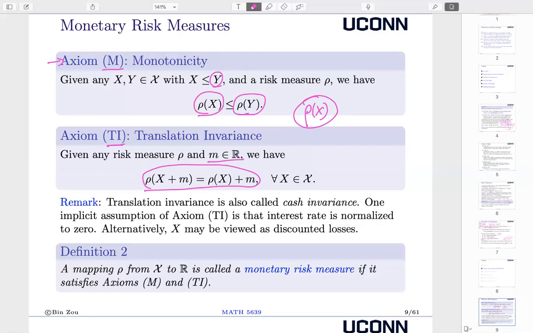You apply some kind of risk measure to a company, and you get a number. You can think of that number as some kind of deposit. So an insurance company should deposit this amount of money with you so that you can somehow guarantee its customers will always get paid if they file for a claim.